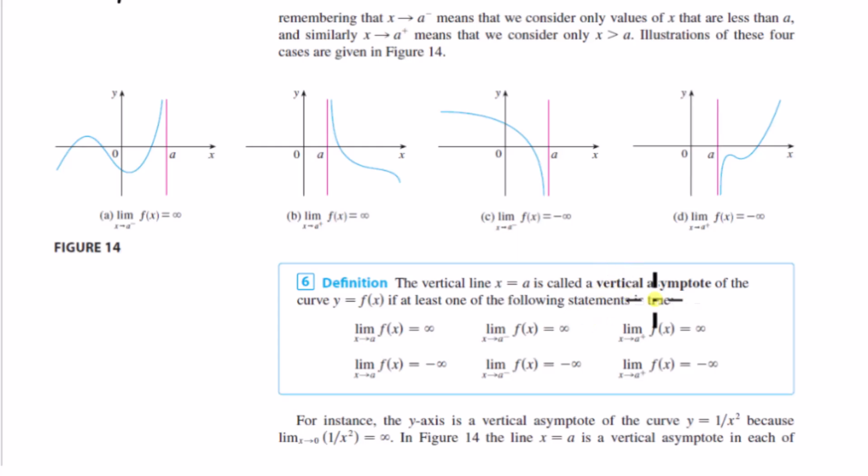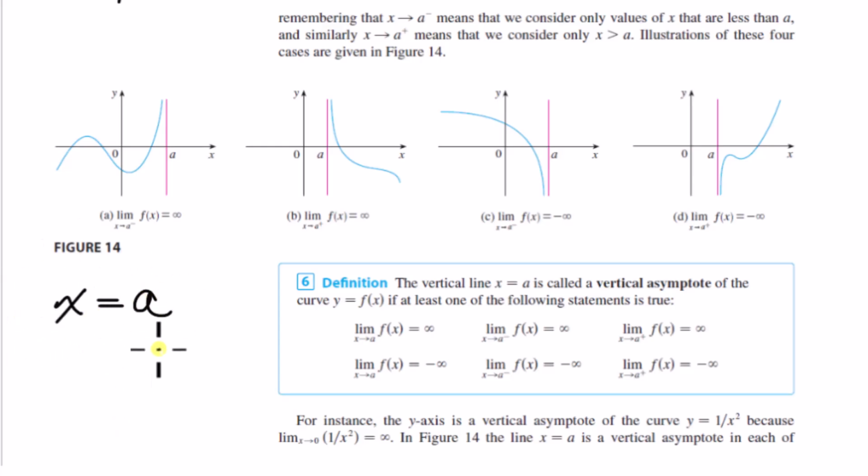So we touched on vertical asymptotes a little bit in algebra, but now in calculus we're going to get a more official definition of what exactly a vertical asymptote is. A vertical asymptote is any vertical line, which you represent mathematically as x is equal to a number. This is a vertical line.